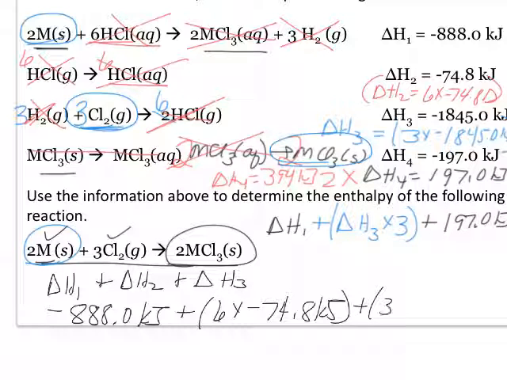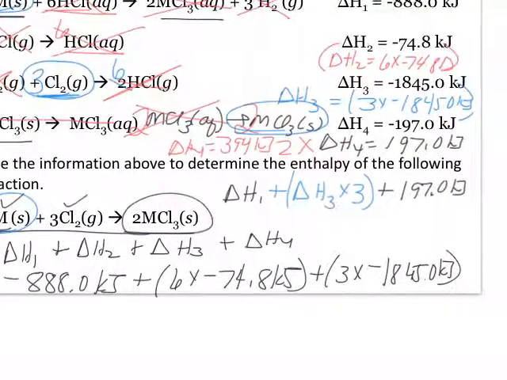We took 3 times negative 1,845.0 kilojoules. And then we're going to add our delta H4, which is plus, delta H4 is right here. We went ahead and changed the sign.